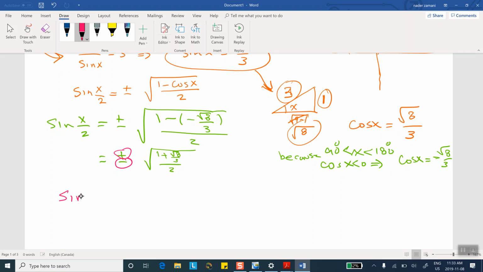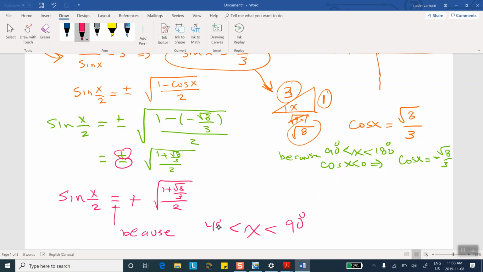So sine of x over 2 is equal to plus the root of 1 plus root 8 over 3, over 2. This is because x over 2 is between 90 degrees and 45 degrees. Sine must be positive, right?